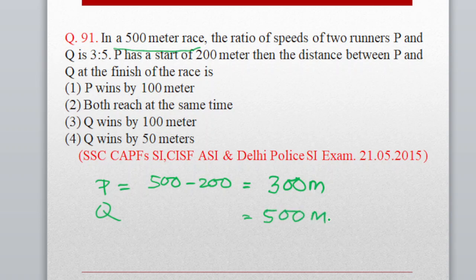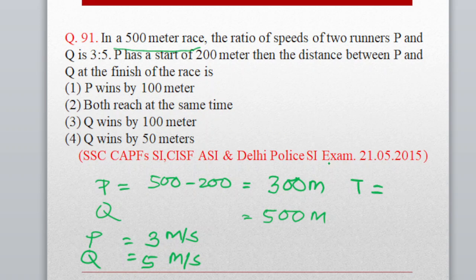Now the ratio of speeds is 3:5. Suppose the speed of P is 3 meter per second and the speed of Q is 5 meter per second. As you know, time is equal to distance by speed.